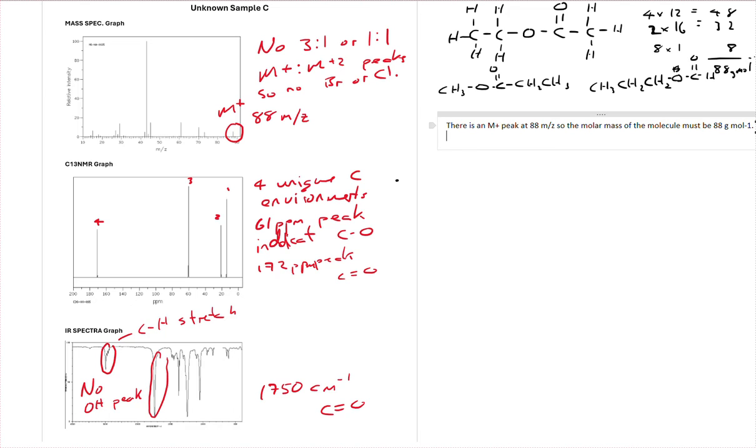The next thing, of course, we were going to talk about, there are no M plus 2 peaks at a 3:1 or 1:1 ratio.